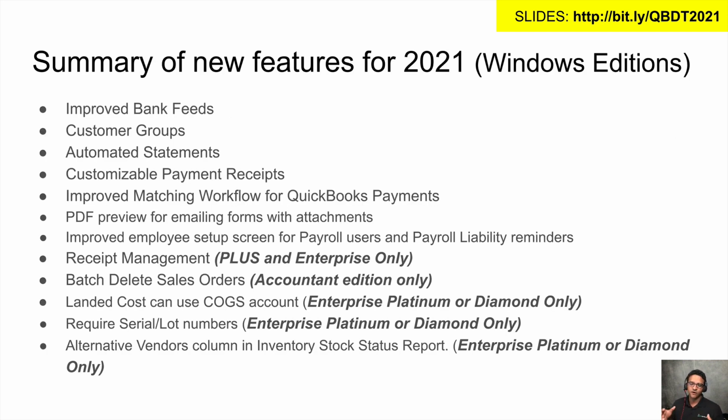We will be focusing on the Windows version of QuickBooks. There is a Mac version of QuickBooks in 2021, but we'll just mention those briefly. The most important feature is going to be improved bank feeds. We'll discuss that in detail. Then we're going to be talking about customer groups and automated statements, aka payment reminders.